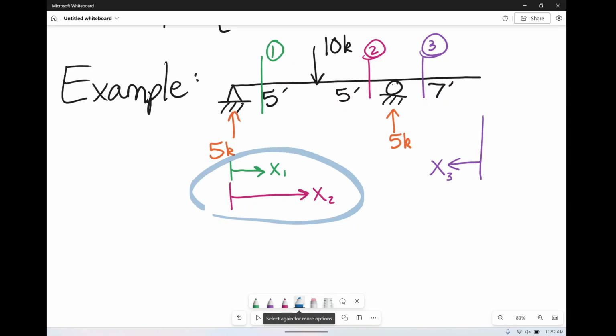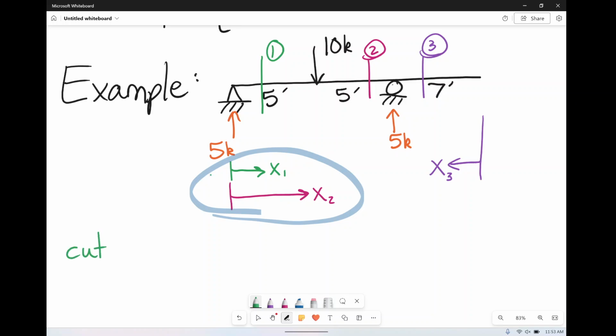But technically, x1 and x2 are the same x. They're both measuring from the same direction. So in reality, you would actually call them both just x1. But I'm going to do it with colors, and I'm going to call them 1, 2, and 3 to relate to our different cuts here.